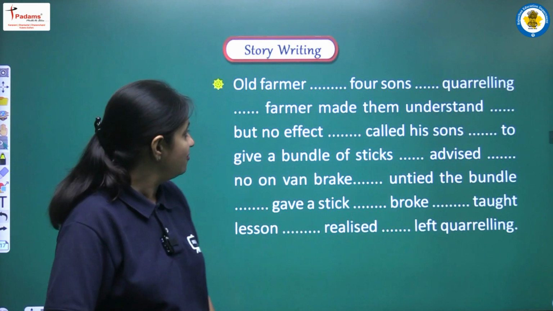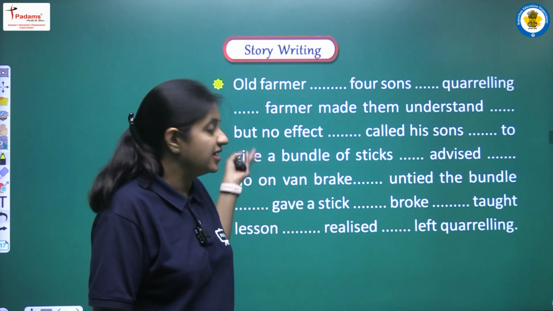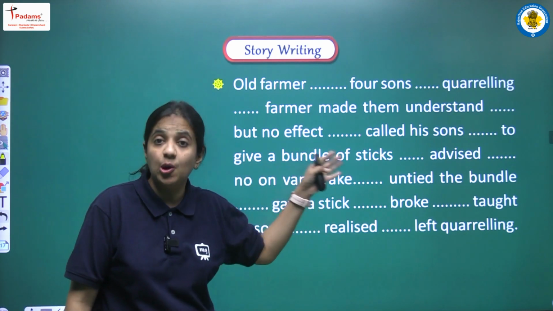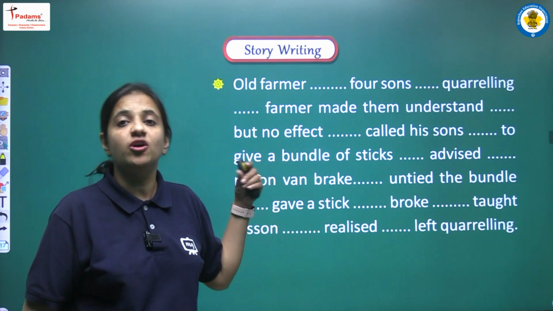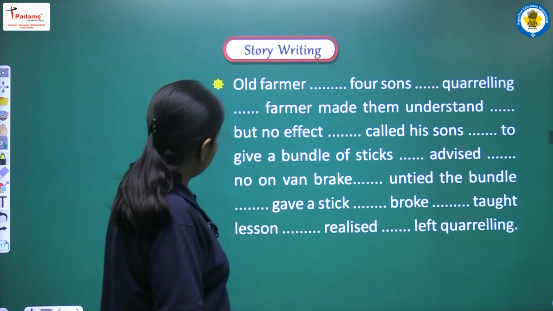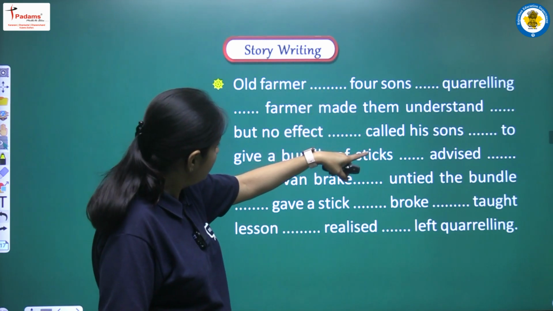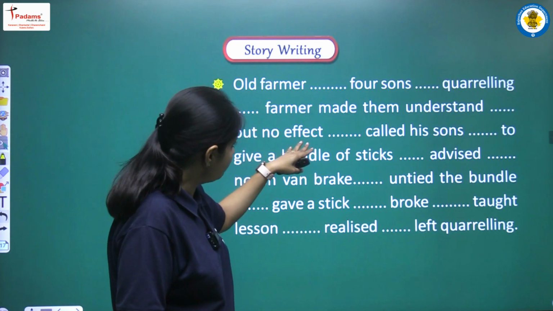Now we have one more example here in front of us. So this is another story. Again we have to do the same thing. We have to read the outlines and then frame one story. So now let's see what this story is about. We have: old farmer, 4 sons, quarreling. Farmer made them understand, but no effect.